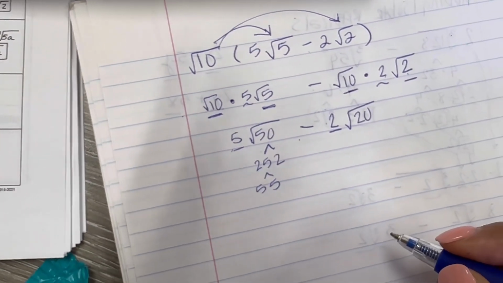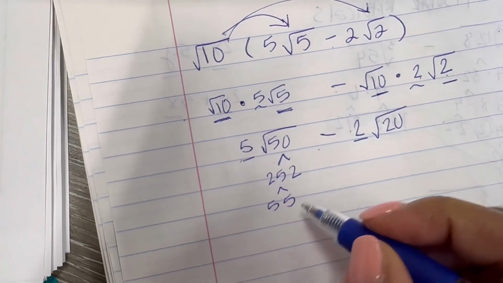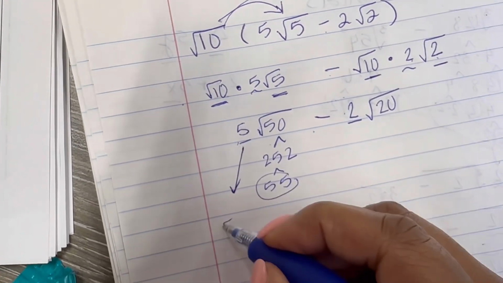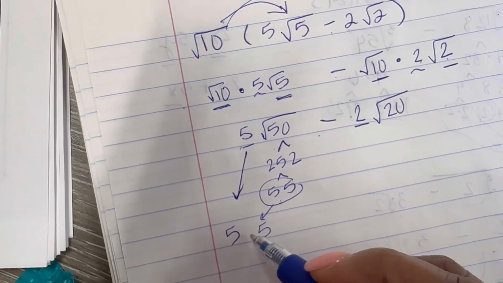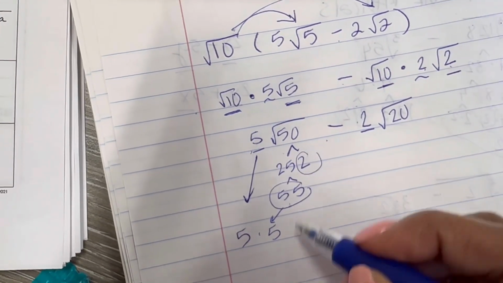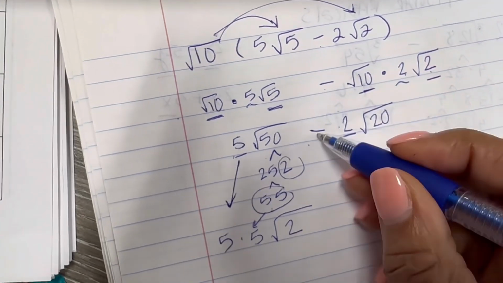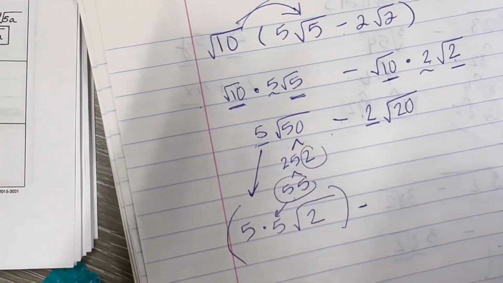Looking for perfect copies to bring out. This is a 2, a square. So here's a copy. Bring that copy out. Bring this 5 down. Bring this copy out as 1 number. Keep the 2 inside. Bring your minus down. You could put parentheses, might help you.